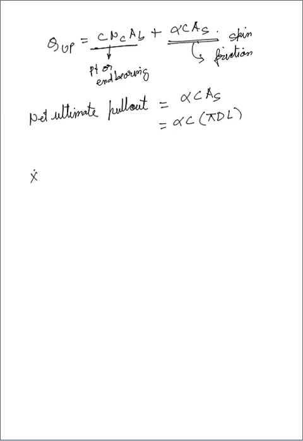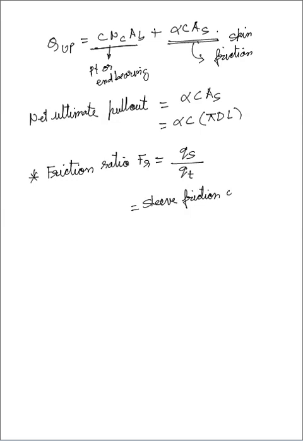And if they are asking for the friction ratio FR, it is basically the ratio of QS by QT, that is sleeve friction, or we can say side friction, divided by tip friction or base friction.